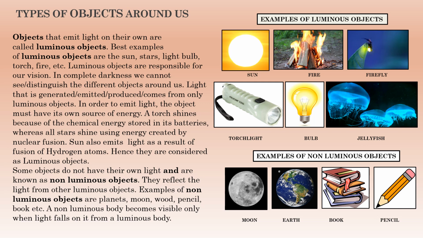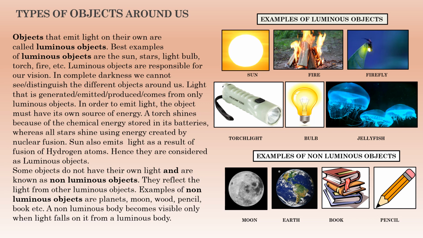Light that is generated or emitted or produced comes from only luminous objects. In order to emit light, the object must have its own source of energy. That is why we say that light is a form of energy.